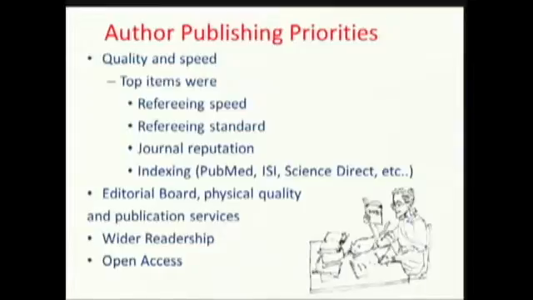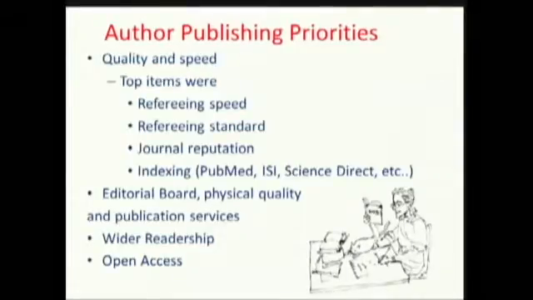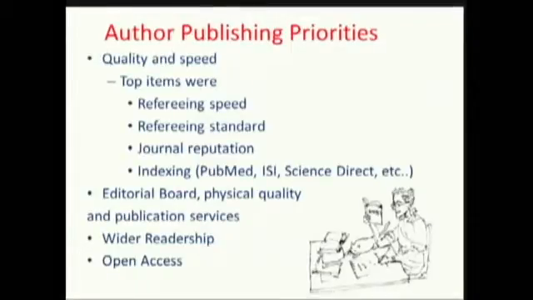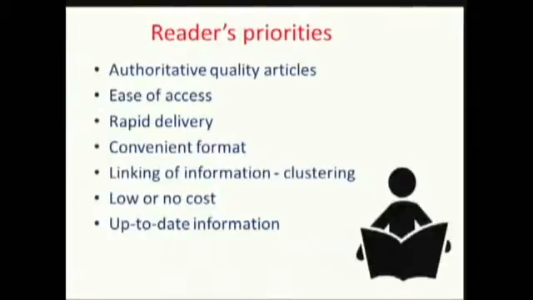Obviously, one of the priorities for the author is that you want more people to read your paper. So if you work in cornea, or retinal diseases, maybe you want to publish in journals where most cornea people read it, okay? So you want wider readership and preferably open access, where people can easily access your article.